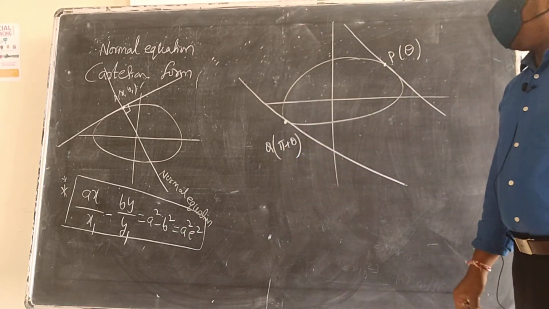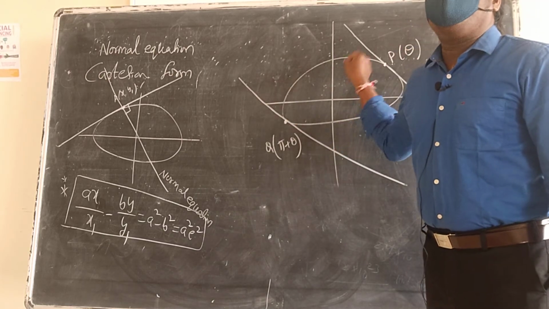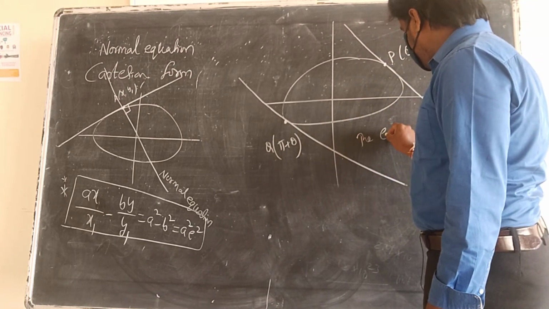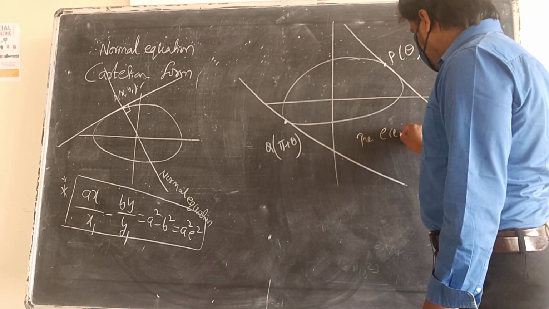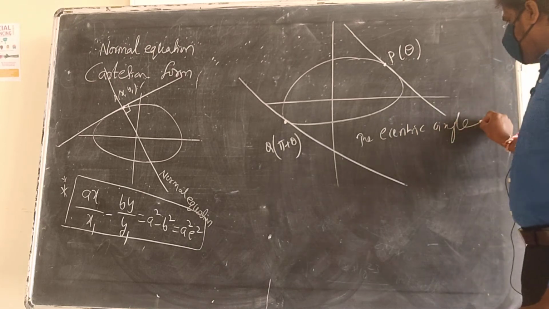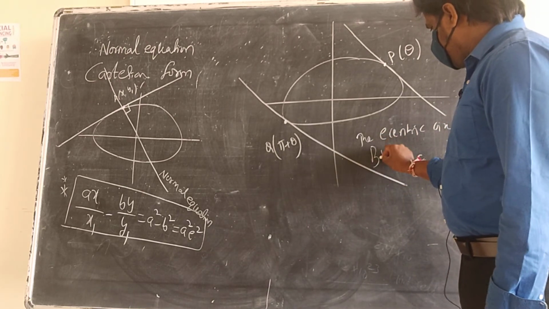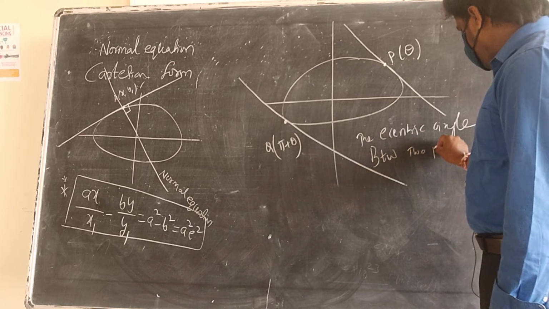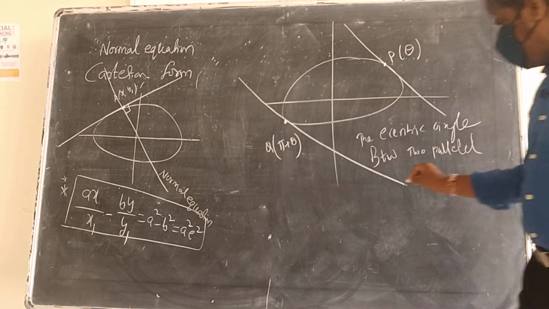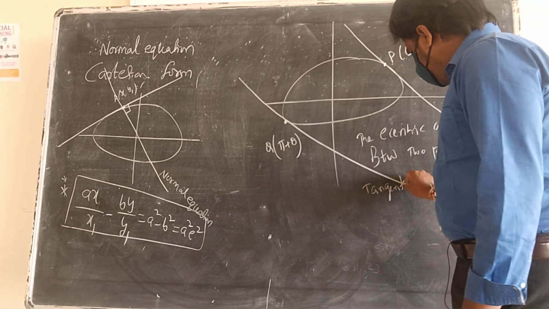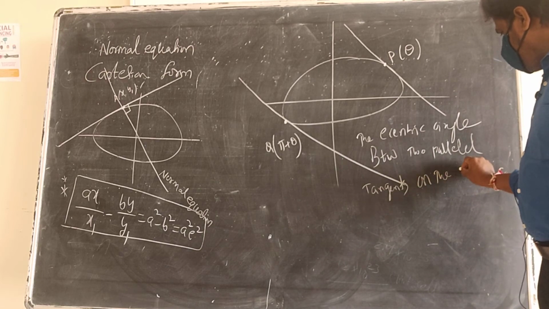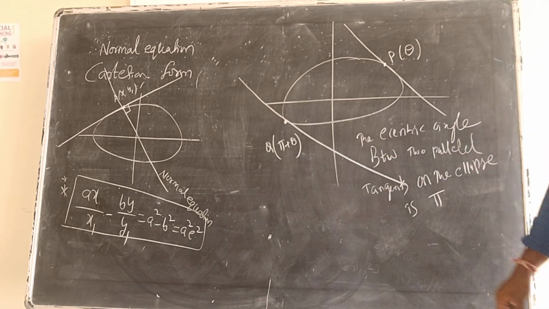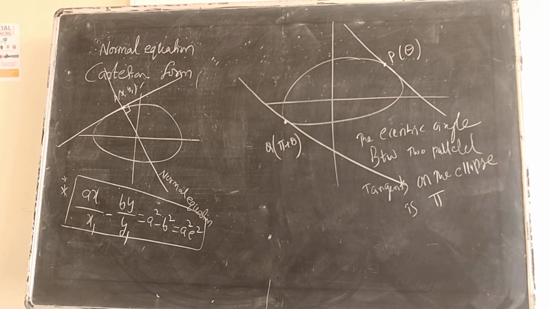So the eccentric angle between two parallel tangents on the ellipse is pi.